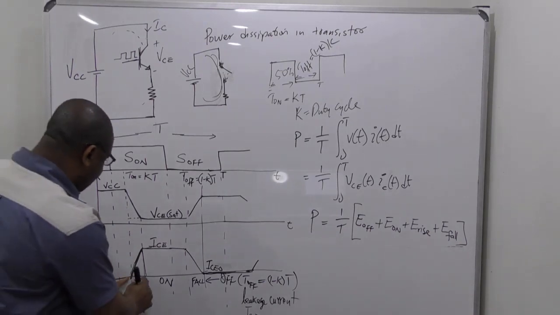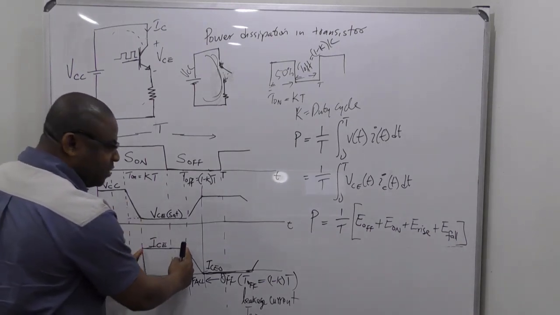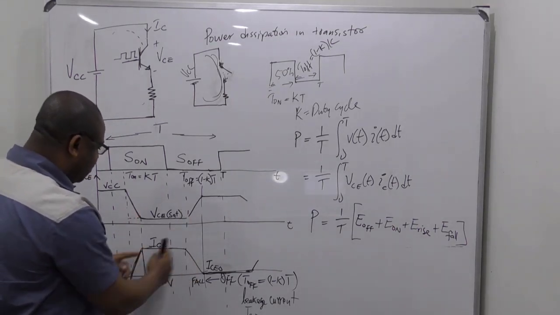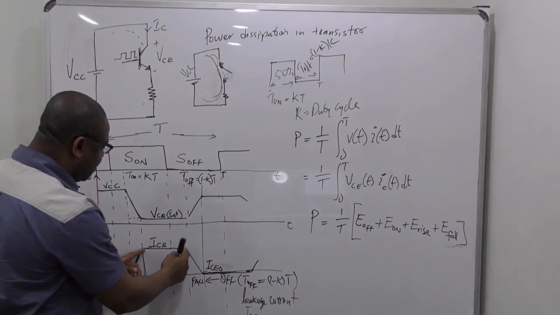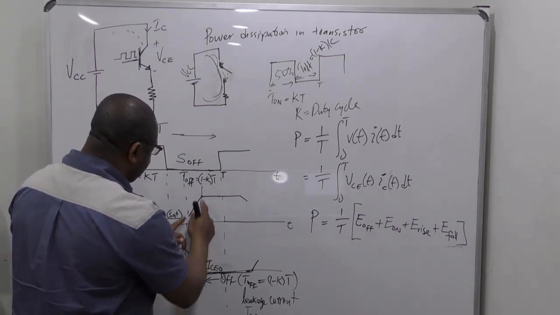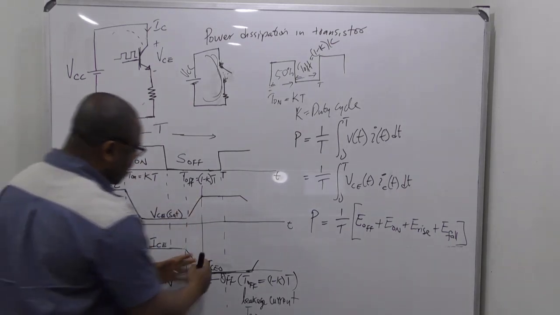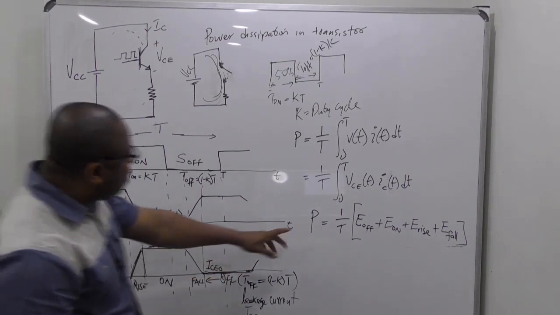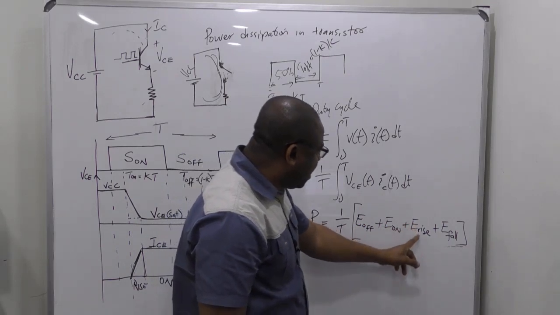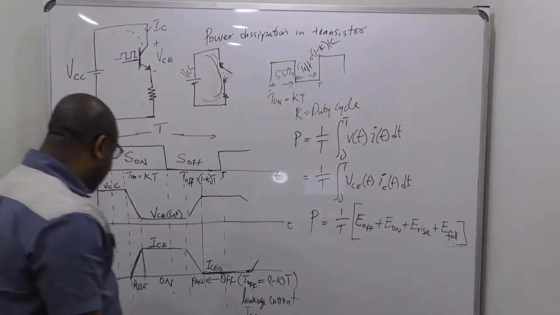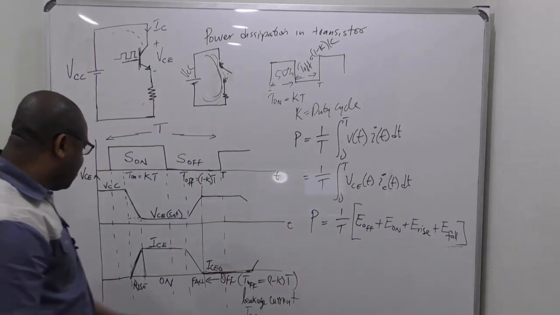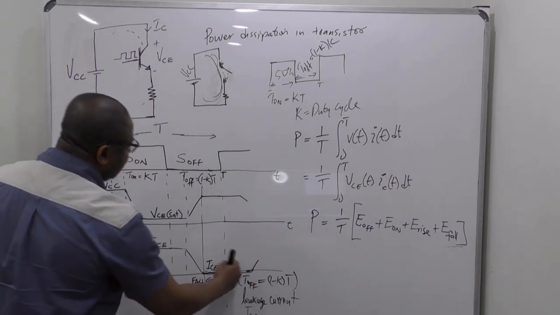Now let's call this fully on, so we'll call it on. It will be this voltage here, current here, multiplied by this voltage there. And later we take this also, multiply by that, and then we continue like that. That's why I'll take it this way: E off plus E on plus E rise plus E fall. I need to get E off, which is the whole of this when it is off.